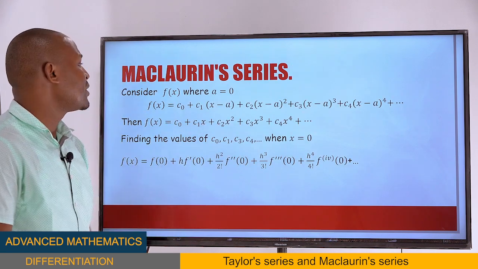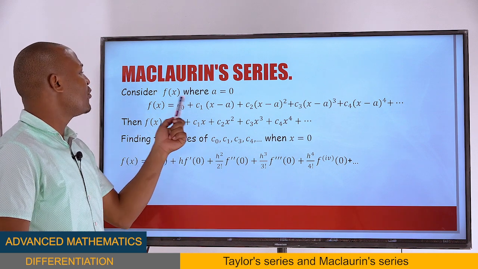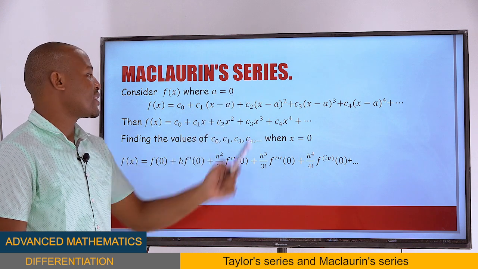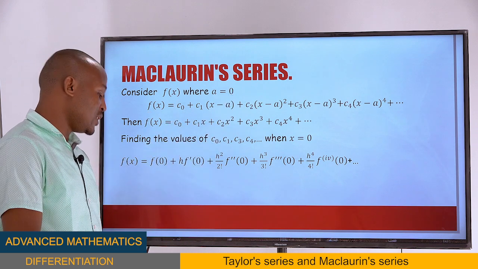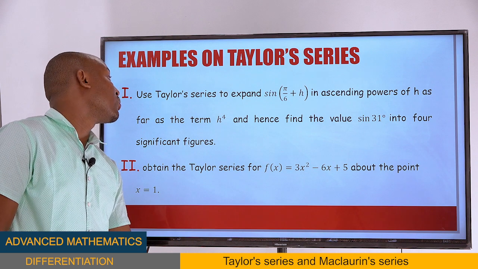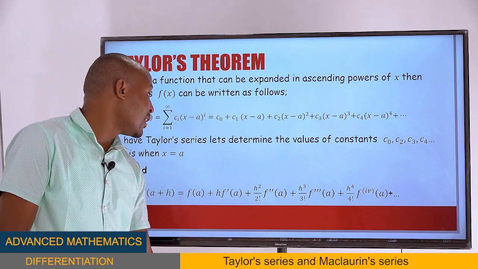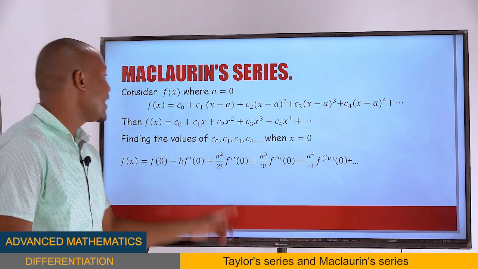Now let's see, what is the Maclaurin series? Now consider f of x where a is equal to 0. That is to say, we have that expression that we used from Taylor's series, and now we are going to consider when a is equal to 0.